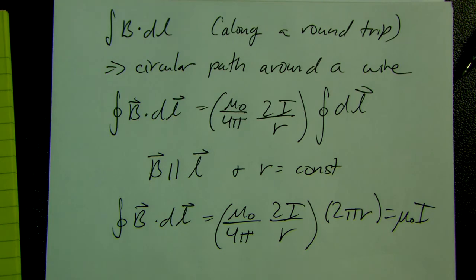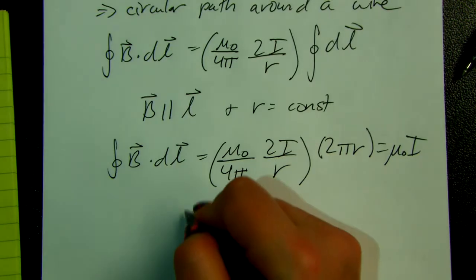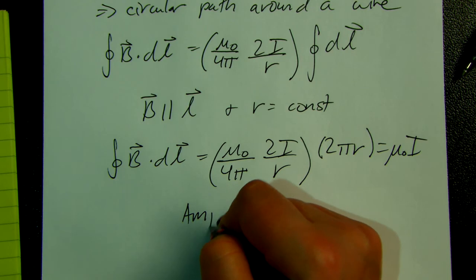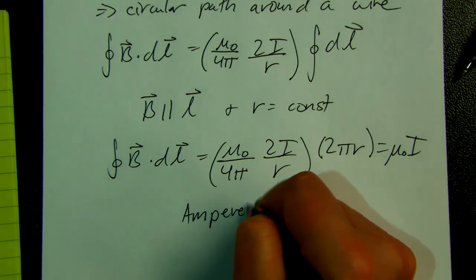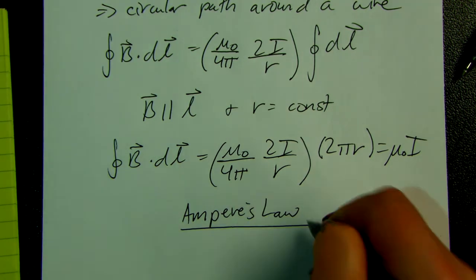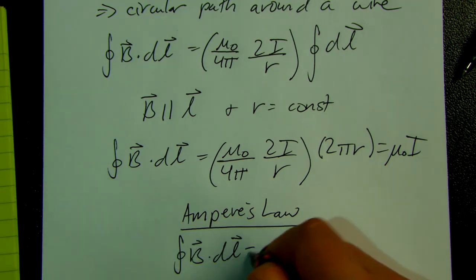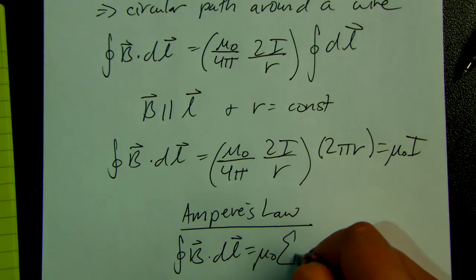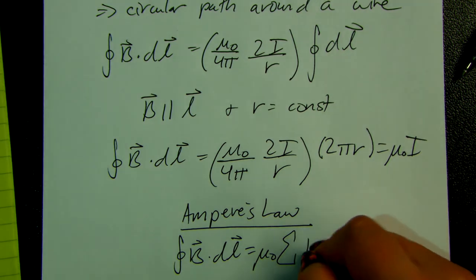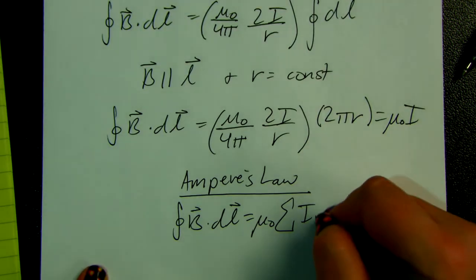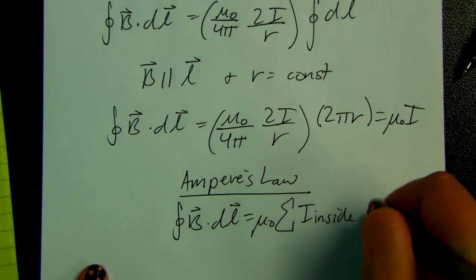So we now have Ampere's law: B dot dl is equal to mu naught times the sum of the current inside the path.